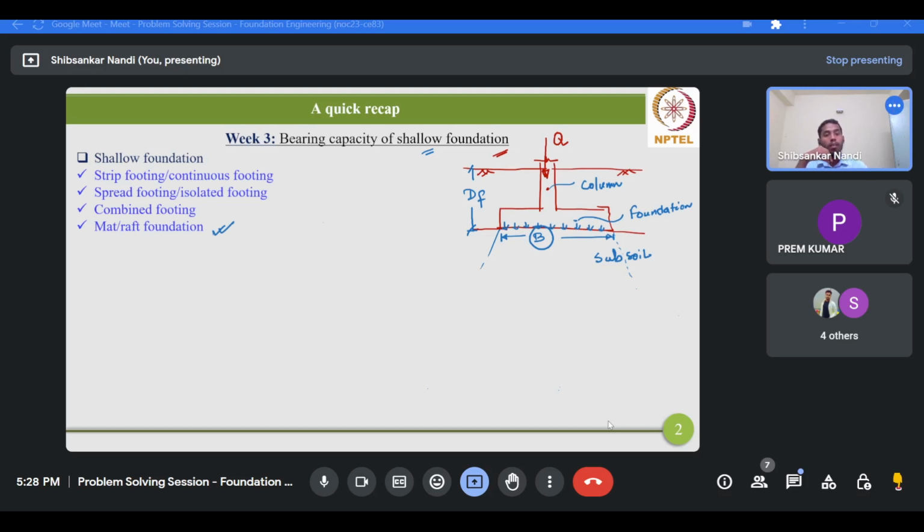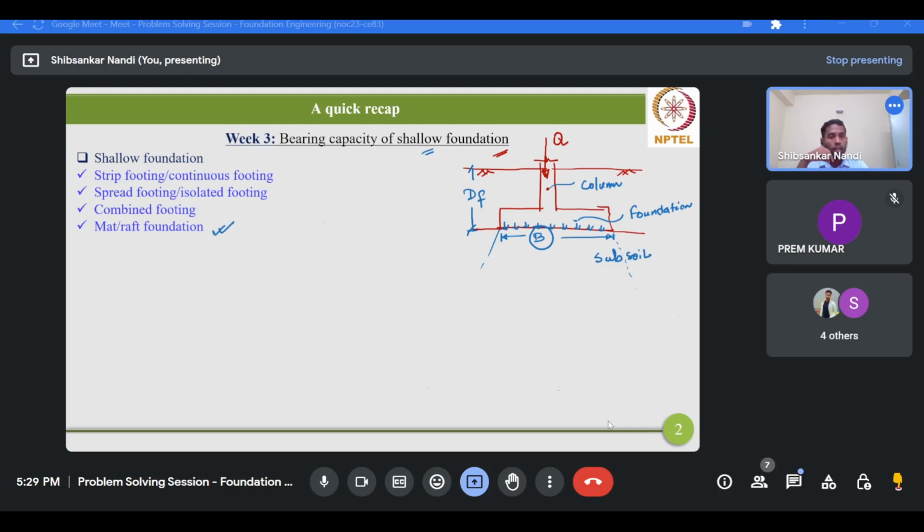But again please keep in mind that from the economic point of view, the first choice for any engineer is the shallow foundation, because the construction cost for shallow foundation will be much lesser as compared to the deep foundation. So this is the first choice for any practicing engineer from the economic point of view.